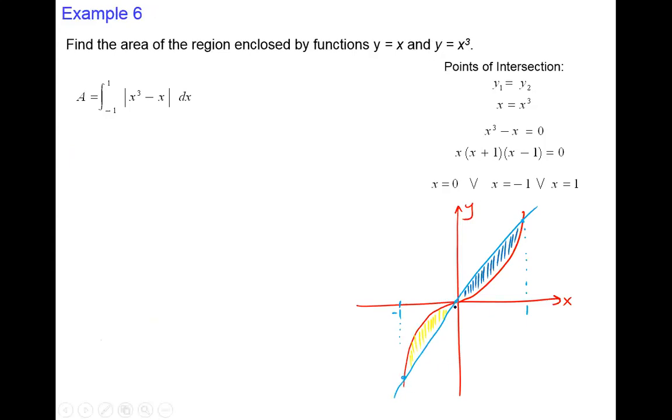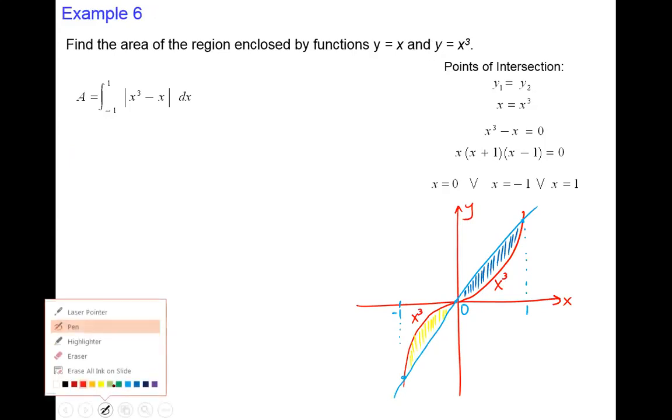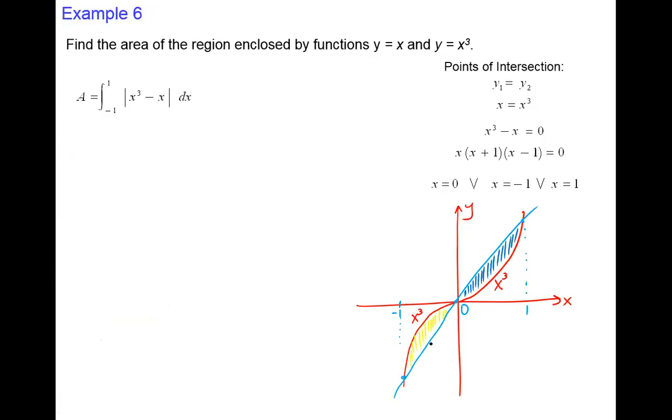Between negative 1 and 0, function x cubed is on the top. And between 0 and 1, function x cubed is on the bottom. And respectively, from negative 1 to 0, the line y equals x is on the bottom, and then on the top from this one.